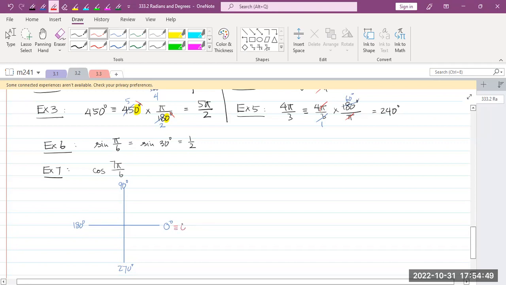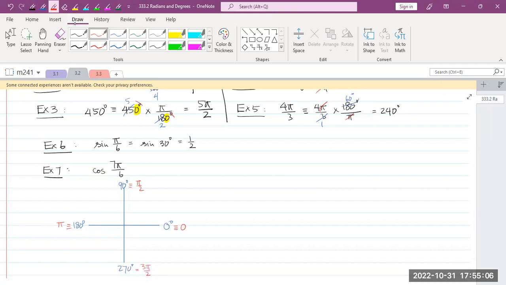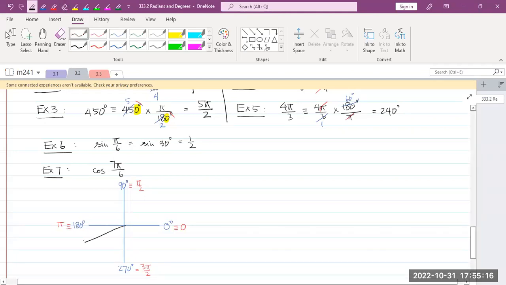This is 0 radians, this is pi over 2, this is pi. So 7 pi over 6 is more than pi, but less than 3 pi over 2. So 7 pi over 6 is in quadrant 3.